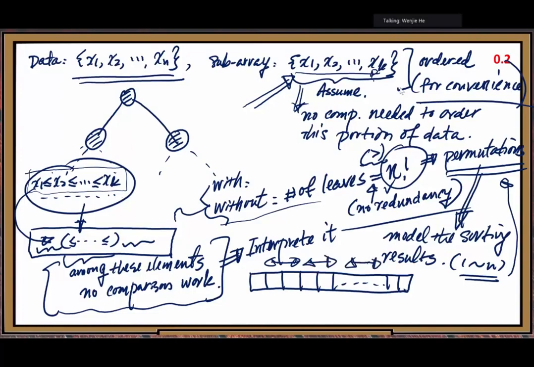But with this given condition, for convenience, we fix 1, 2, up to k. We never change them. When we do permutation, this part is fixed.